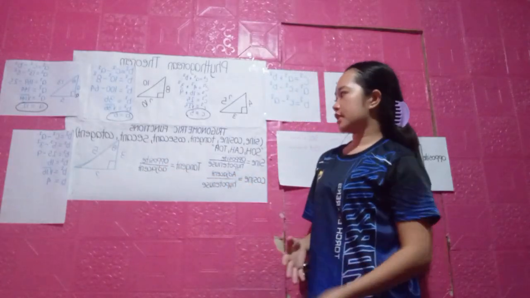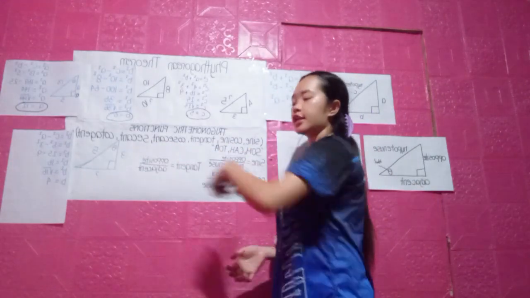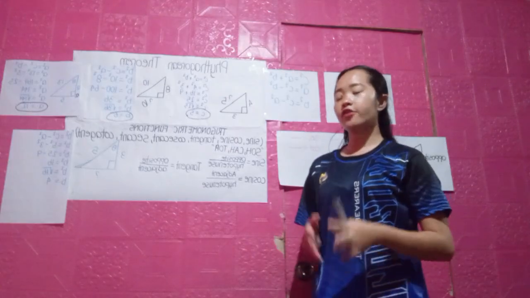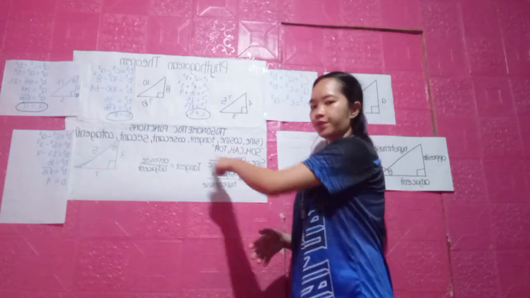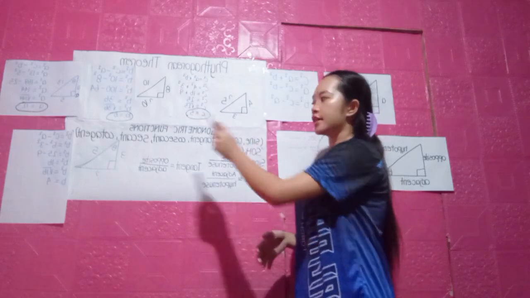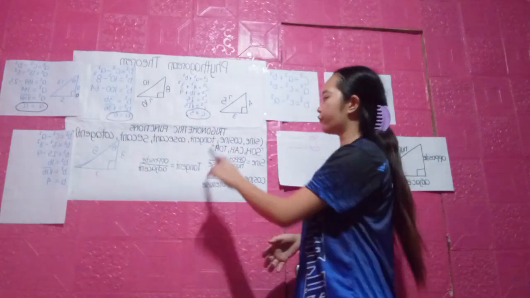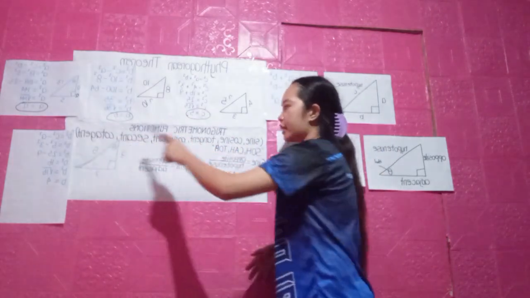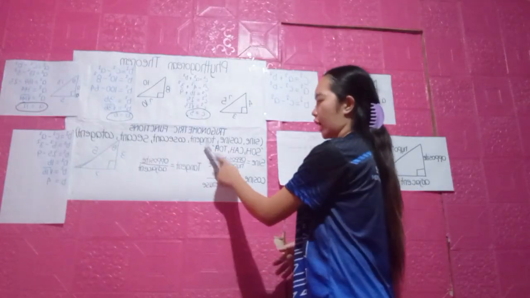It's because cosecant, secant, and cotangent are only reciprocals of these three: cosecant is the reciprocal of sine, secant is the reciprocal of cosine, and cotangent is the reciprocal of tangent.